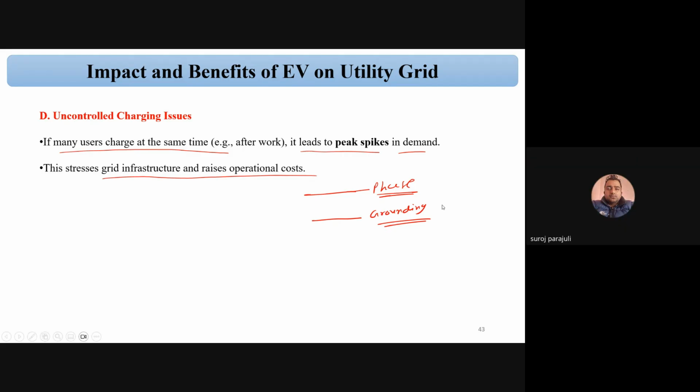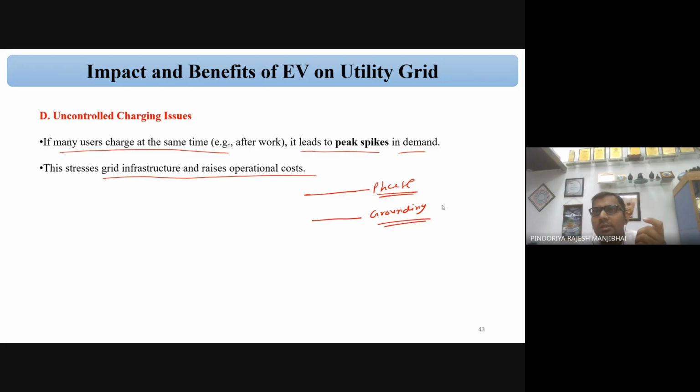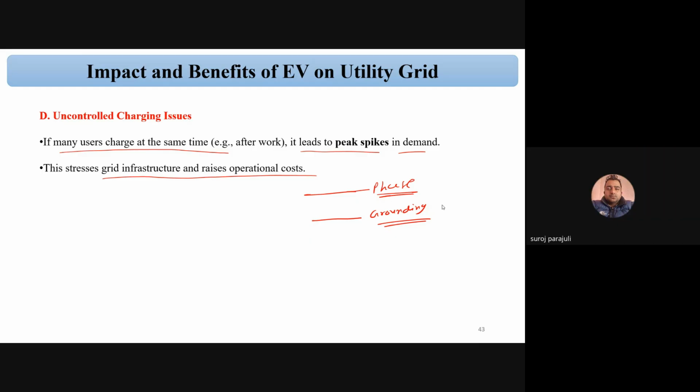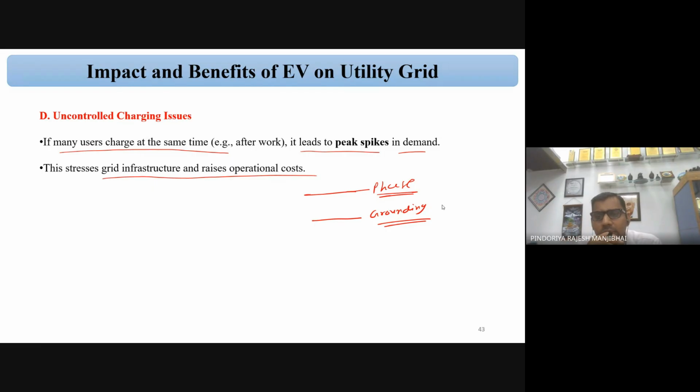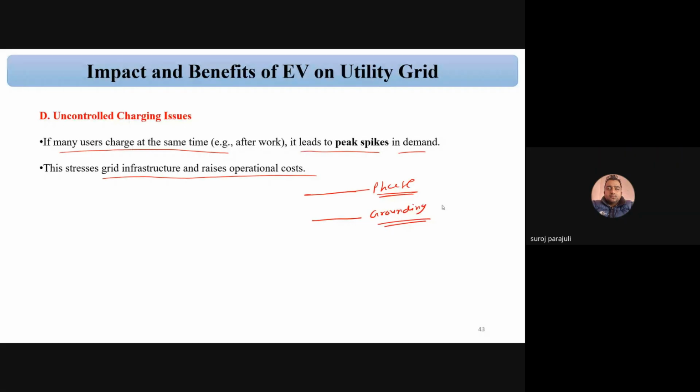Okay, sir. Did you check this condition practically? I work in the same field, sir. I got this issue many times, and the current suddenly rises. In case of phase grounding, I measured the voltage, sir.